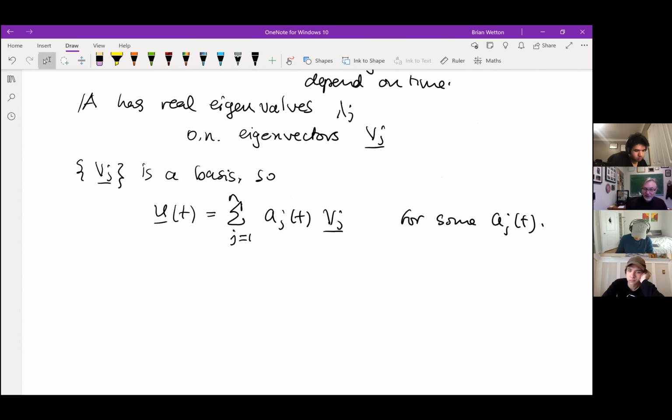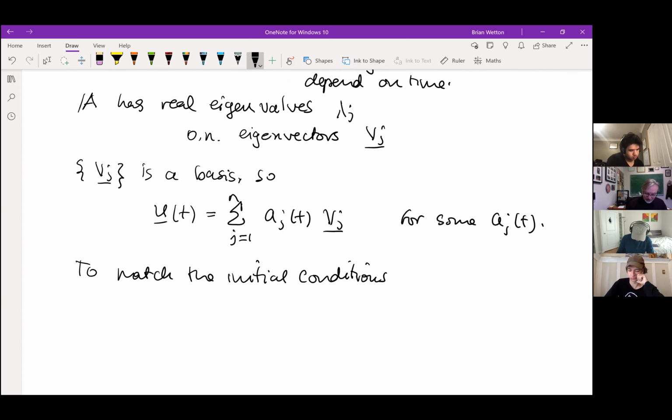And I'm going to show how you match the differential equation by picking those coefficients correctly. But let's just match the initial conditions first. So to match the initial conditions, I would need the sum for these coefficients at time 0 to match the given initial conditions.